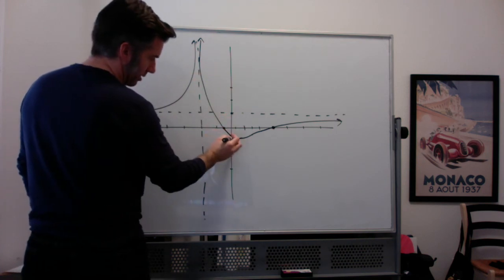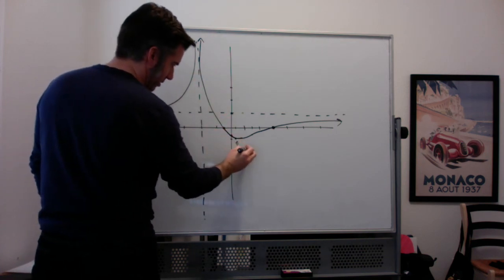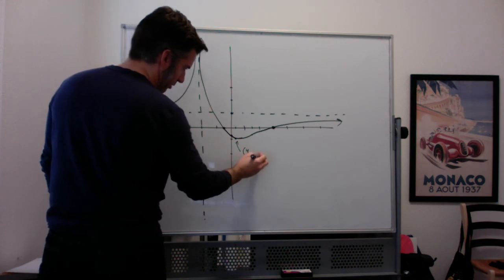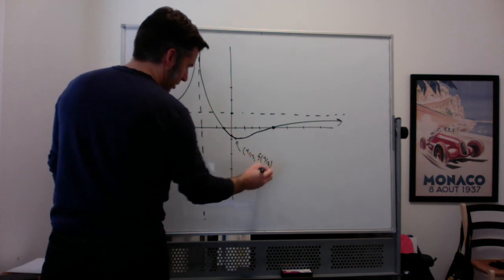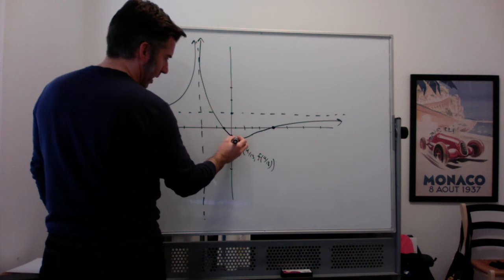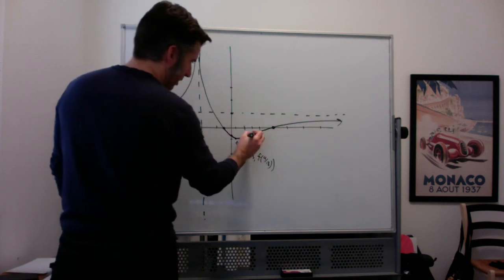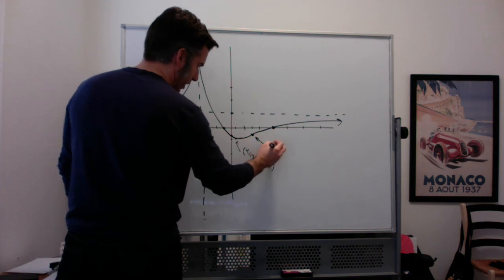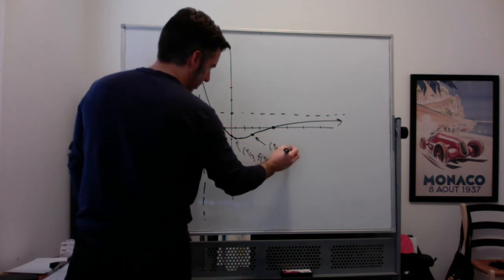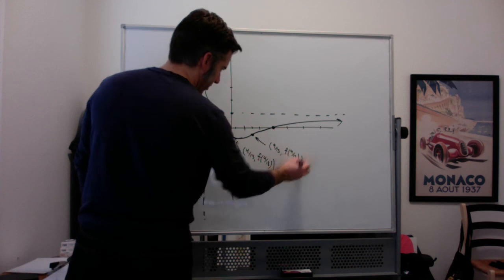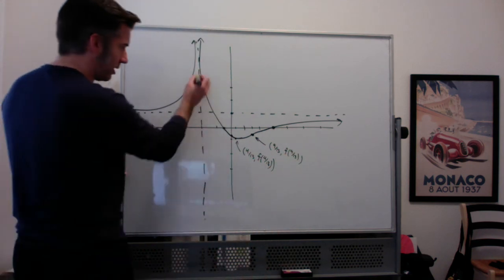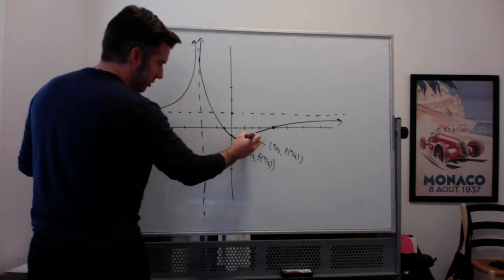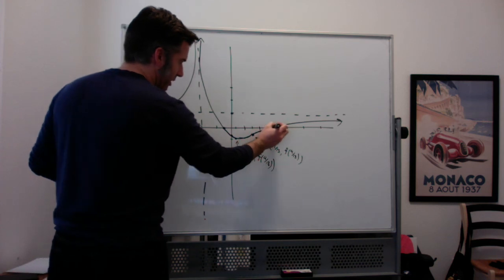And then until we get to, right, there's my 4/13, whatever the terrible y value is. And then from after here we are increasing. And then right there's my inflection point at 19/13, f of 19/13. So it's concave up, and then right here we change from being concave up to being very, very slightly concave down.